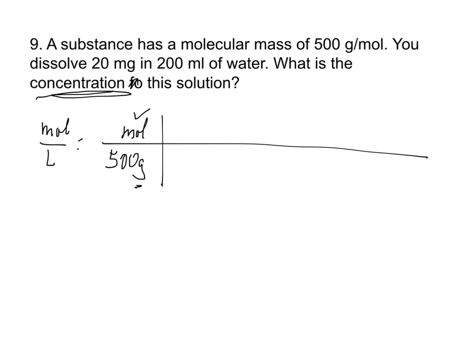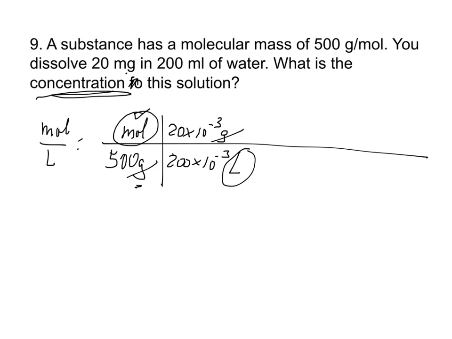Yes, we have. We know that we have 20 times 10 to the minus 3 grams. That's our milligrams in 200 milliliter of water. So that would be 200 times 10 to the minus 3 liter. Now the grams cancel out, and miraculously we have mole per liter left.